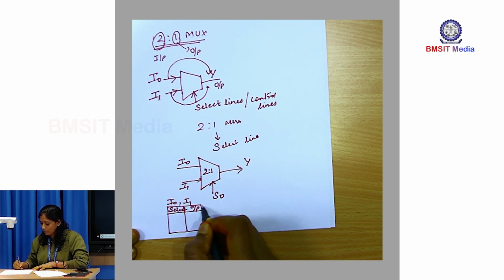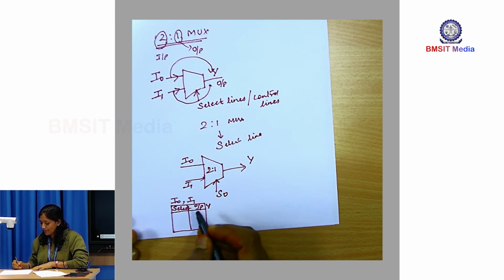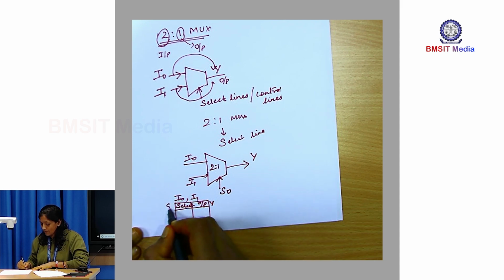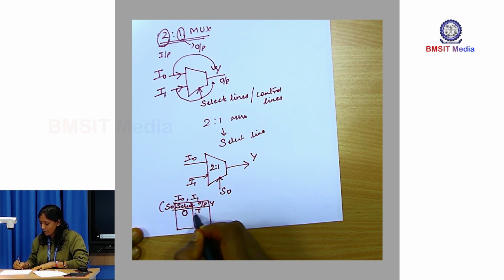What is my output here? Y. What is my select line? S0. I will say that whenever my select line is 0, transmit the data I0. Whenever my select line is 1, transmit the data I1.